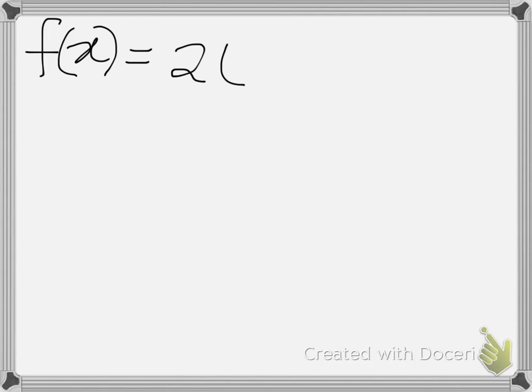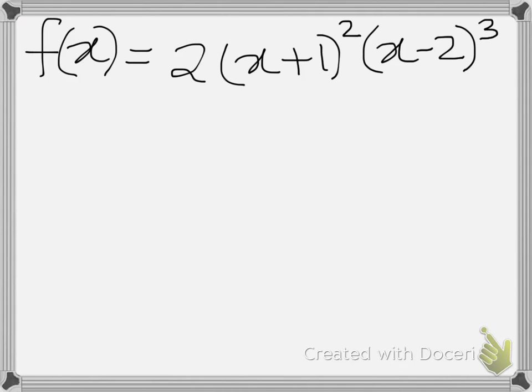Let's look at another example. So let's say we have f of x equal to 2 times x plus 1 whole squared and x minus 2 whole cube. Now how many zeros do we have? So the zeros are obtained by setting each factor equal to 0.